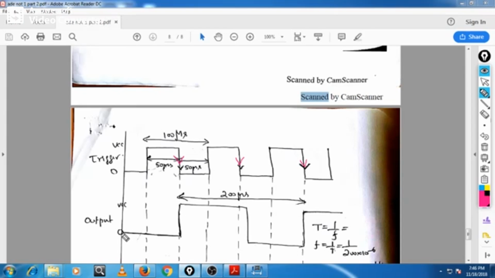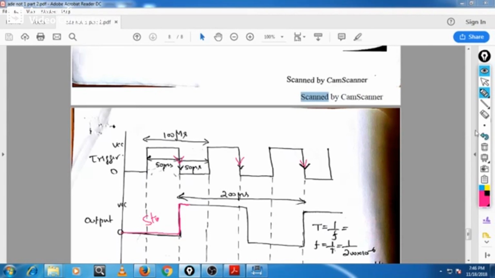So initially our output is 0. During the trailing edge, it becomes on. Till what extent will it remain on? This is the stable state, and now it is going to the unstable state.